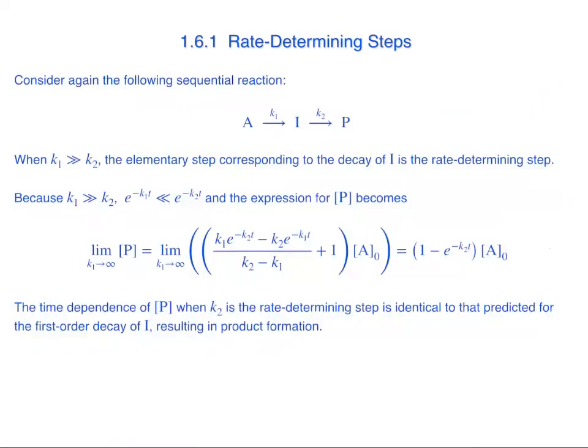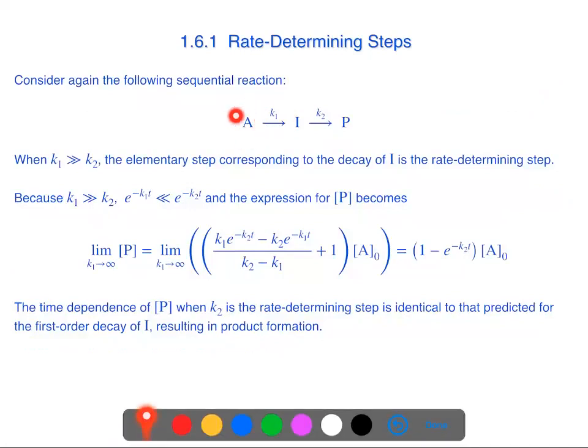So let's consider again the following sequential reaction, where we have A decaying to the intermediate I, which then further decays to give us the product P. So under the limit where K1 is much greater than K2, the elementary step corresponding to the decay of I is the rate determining step.